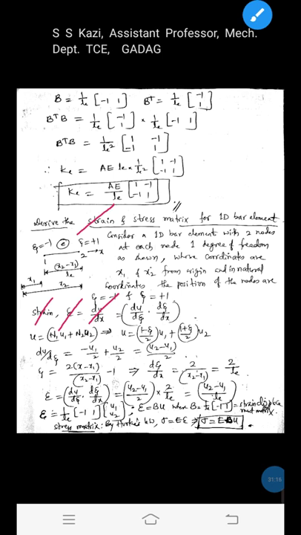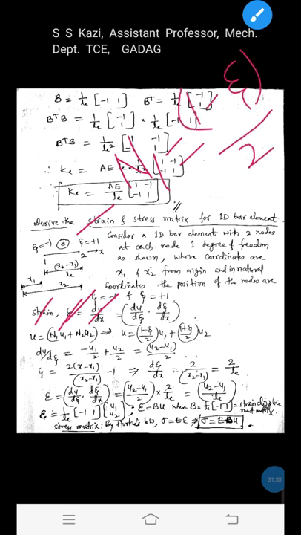Now what are n1 and n2? N1 and n2 are the shape functions at nodes 1 and 2. Already we have derived in other videos the shape functions for a 1D linear element having two nodes: n1 is equal to (1 minus zeta) by 2 and n2 is equal to (1 plus zeta) by 2.